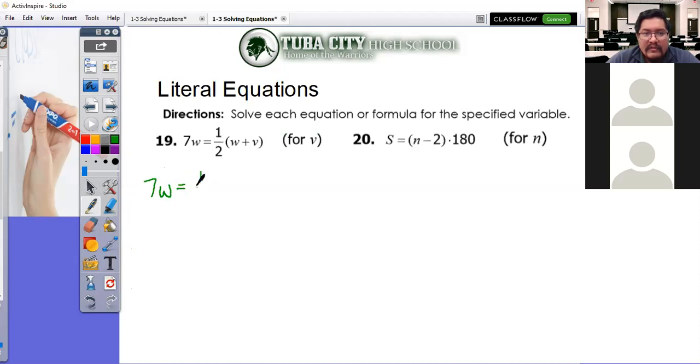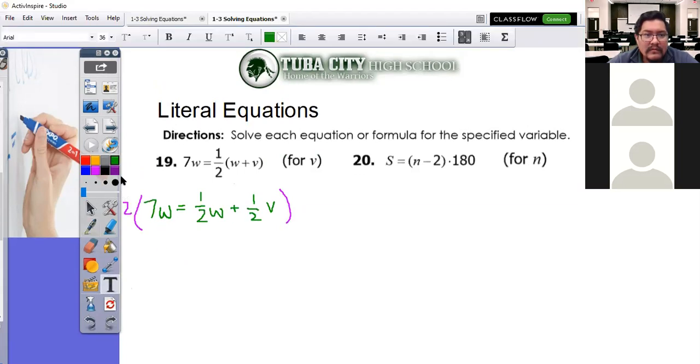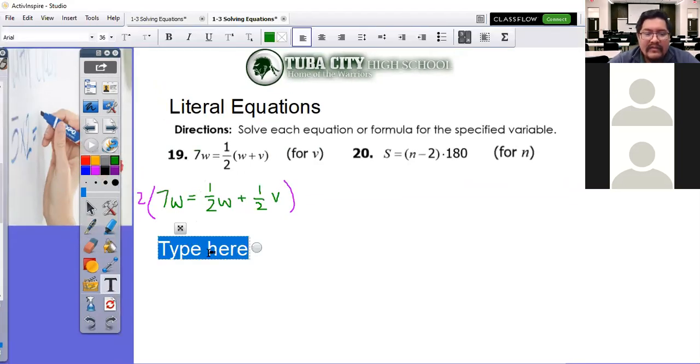All right, now I'm going to go ahead and distribute the 1/2. So this is 1/2 times W plus 1/2 times V. Now you probably could use a calculator on this one because it has easily convertible fractions to decimals. But I'm going to use that same trick we used earlier, and I'm going to times everything by 2.